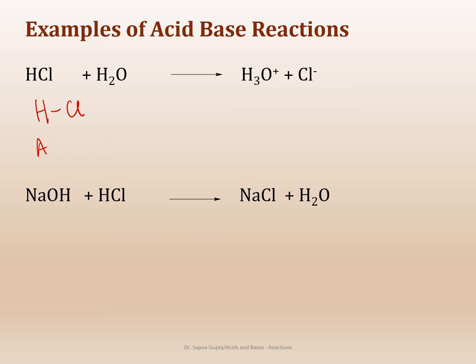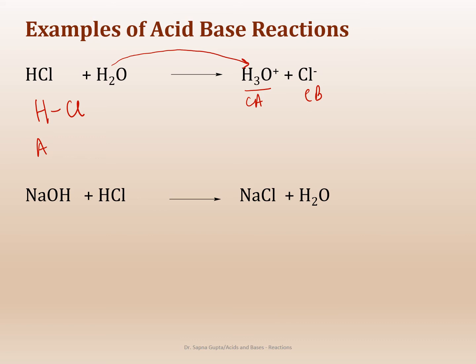Okay, that much we know. Which means that water is going to be accepting the proton because that's the base. You also see that in the product. So this right here, H2O accepting a proton, this is now the conjugate acid right here. And this is the conjugate base, Cl minus. Okay, so conjugate bases, remember, they're generally negative or electron rich.